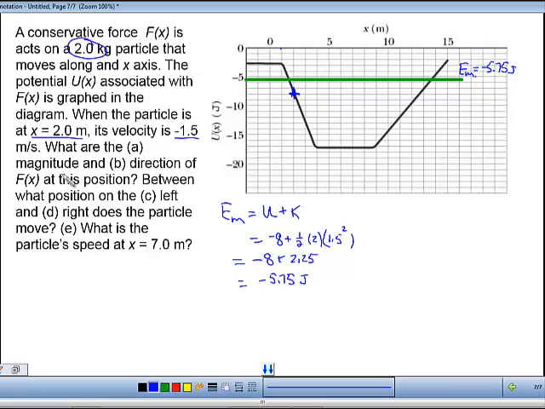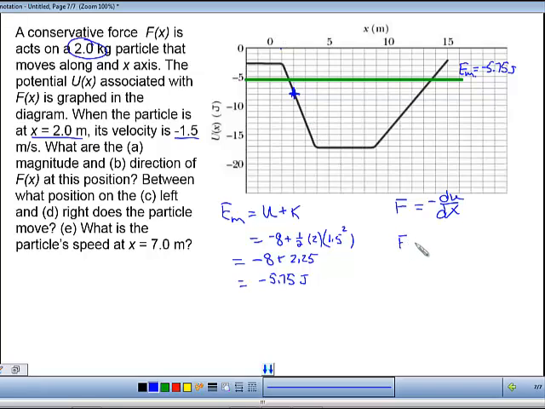What is the force and its direction at this point? Well, I told you earlier that force is equal to negative du dx. And because this is linear, we just find the slope of that line.